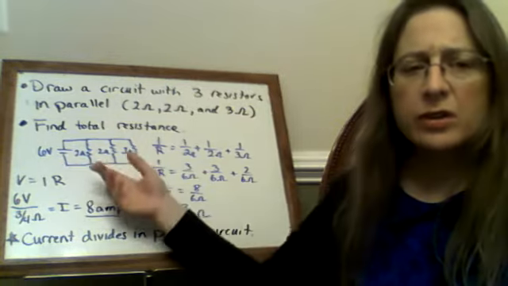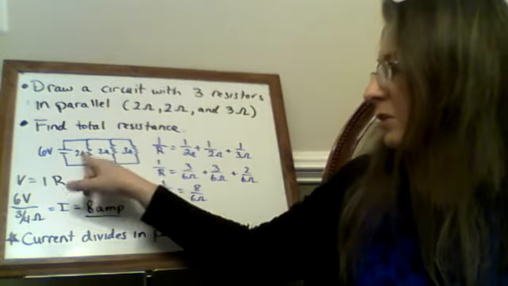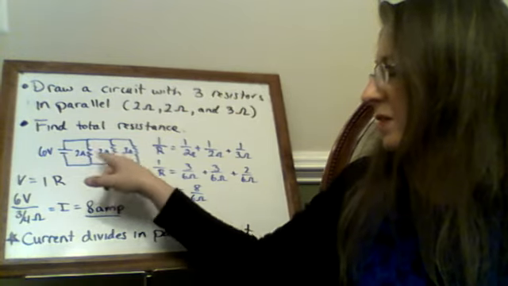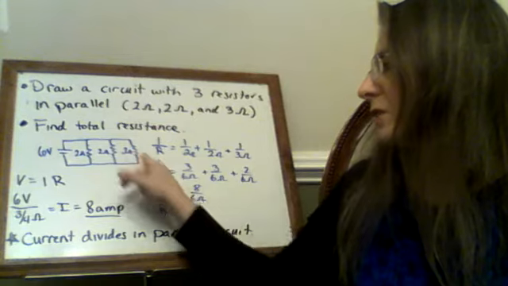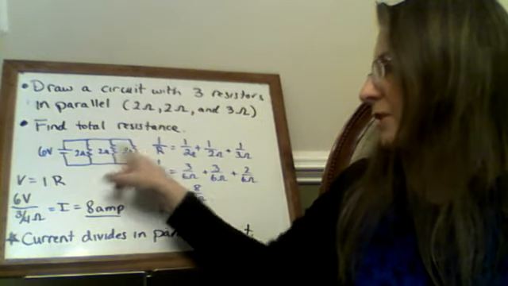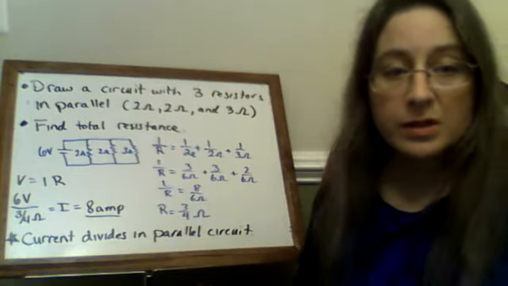And so in this case, since we have 8 amps of current, we can find the current for each resistor. So 6 divided by 2 gives us 3 amps for this resistor, same for this one, 3 amps. And then 6 divided by 3 gives us 2, right? So we'd have 3 amps, 3 amps, and then 2 amps of current in those resistors.